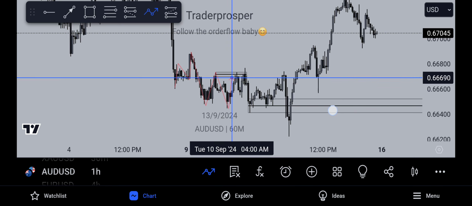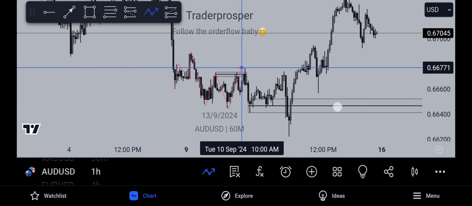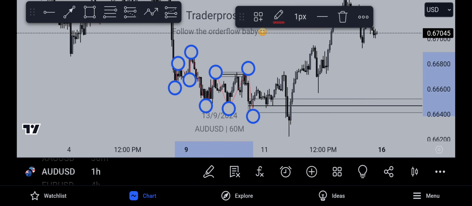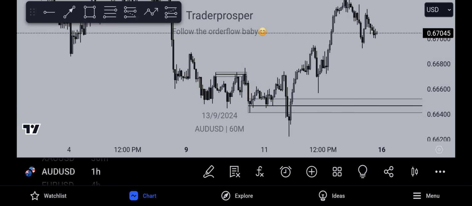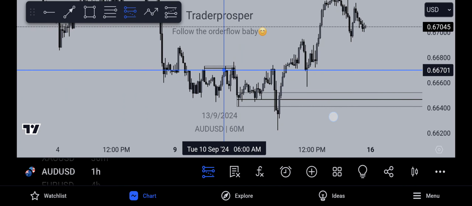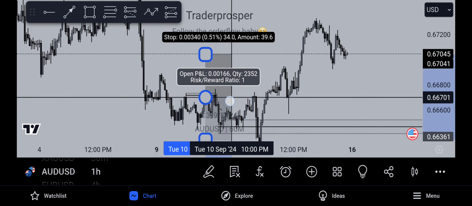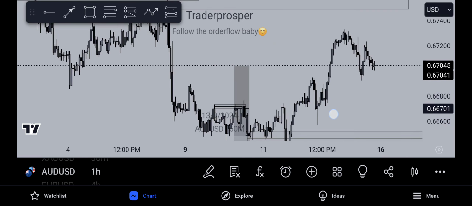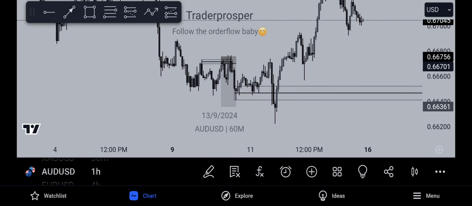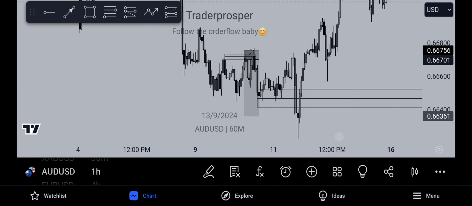So it took us out as an inducement, and then boom, sold off. Okay, this was the first loss we had on AUD USD. I was like, okay, my bad for not seeing very well. Okay, that was the first loss.